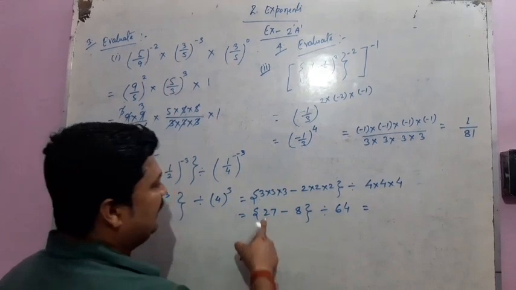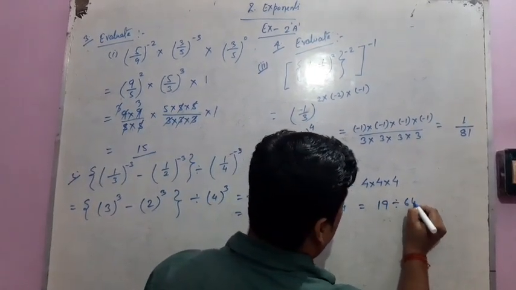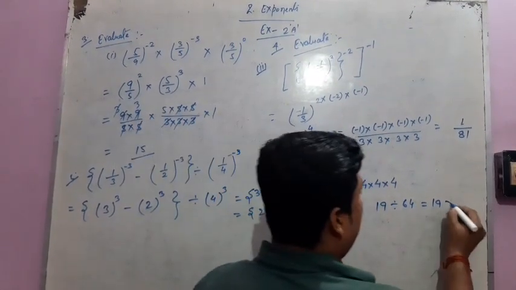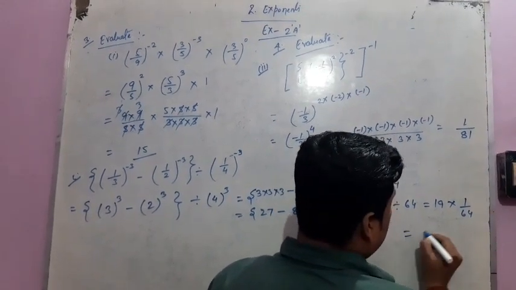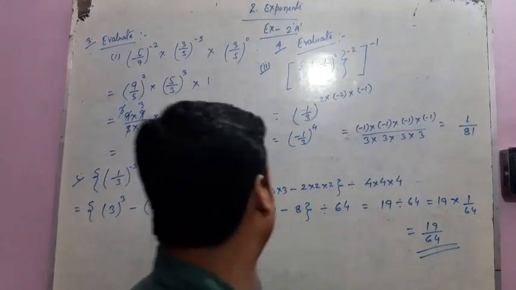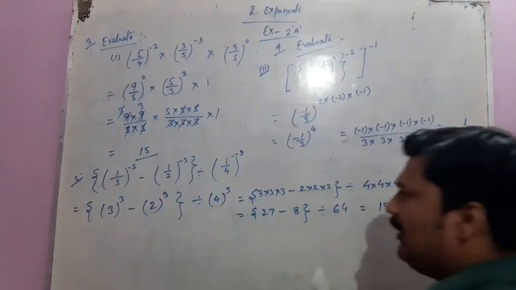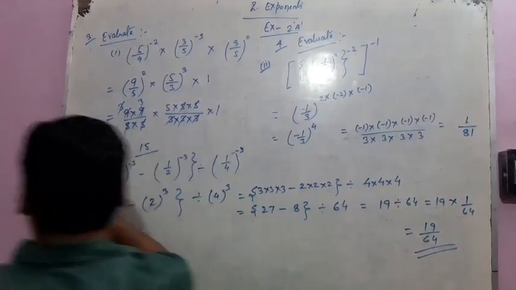Now for solving it, 27 minus 8, 19, divided by 64, that is 19, and when the divide sign turns into multiply, the next fraction becomes reciprocal, 1 by 64. So here our answer will be 19 by 64. That's the answer. Okay. In the same way you have to solve question number 6. This is question number 5.